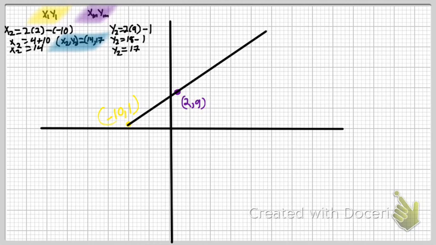So, as I was saying, we have our starting point, negative 10, 1. We have our halfway point, 2, 9, and we're simply looking for the other endpoint. If we just eyeball it, if this right here is our starting point and this right here is our halfway point, then our other endpoint should be somewhere around here.